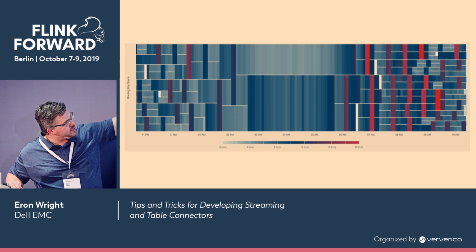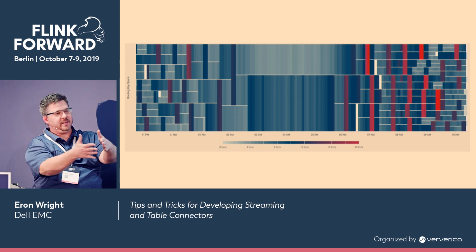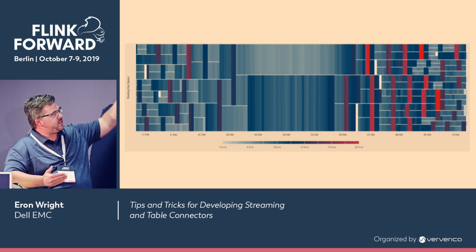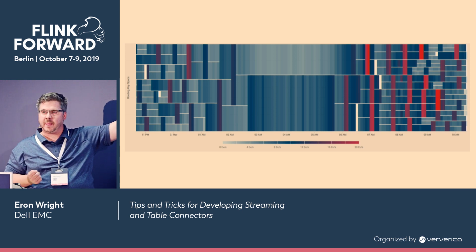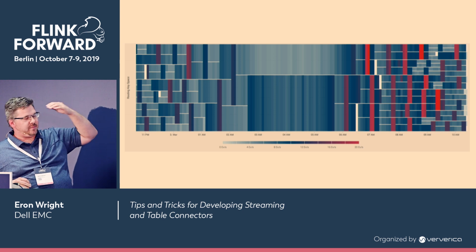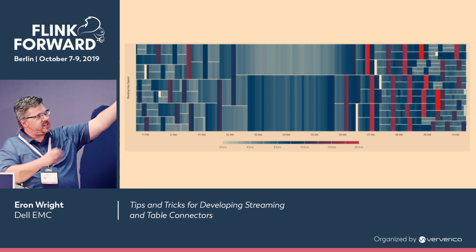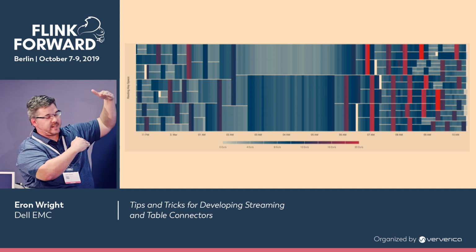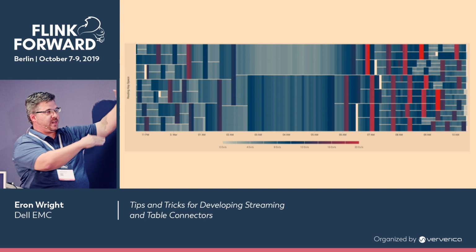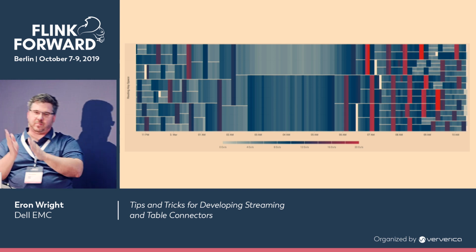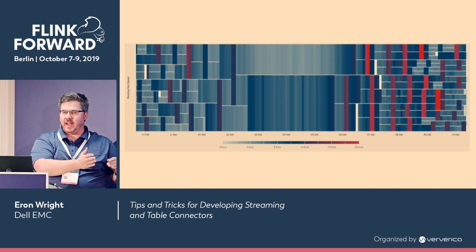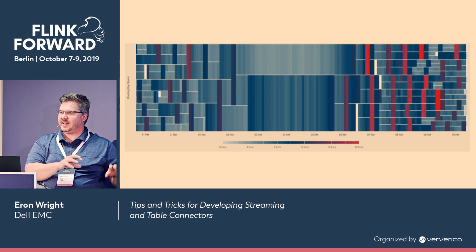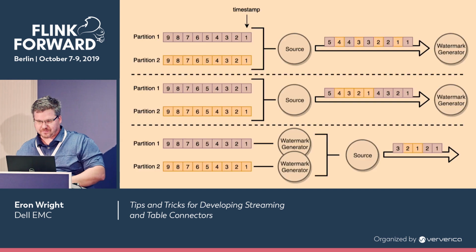And over time, the system splits and merges these segments based on the demand that's being placed on different parts of the key space. That's how it achieves scaling. But if you think about your connector scheduling all of these segments, there's a lot of flexibility in the order in which these segments are ingested, even on a per subtask basis. And if we're not careful, we can cause havoc in event time as a result.